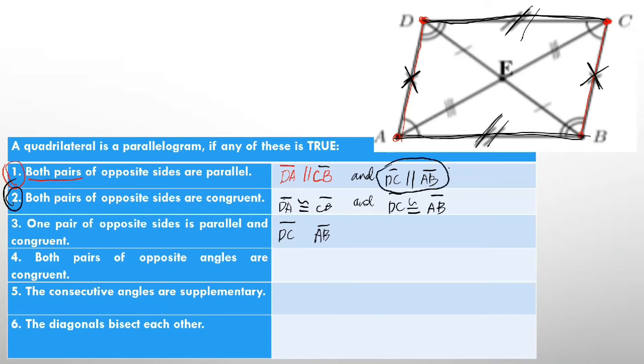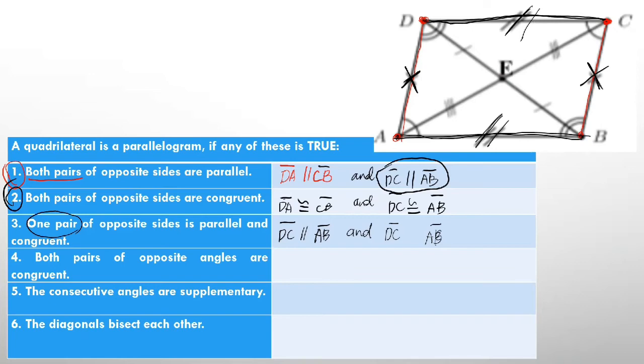Next is, we need to know if the line or the opposite side that we have is also a congruent, which is yung DC and AB or line AB natin. Why do we use DC and AB again? Kasi sabi lang natin, one pair lang yung gagamitin natin. And we need to identify if it is a parallel and congruent. Okay? So DC and AB, we can see that in figure they have the same symbol, that they have a same measurement.